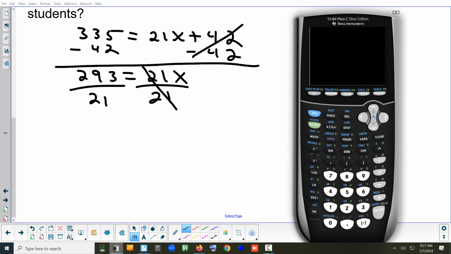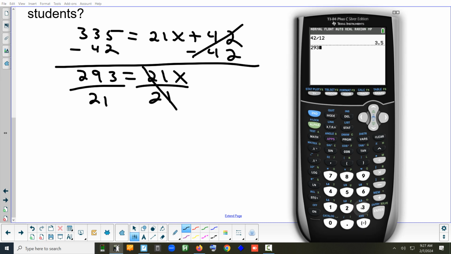And I need a calculator for that. So 293 divided by 21 means there would be about how many teachers at the school? About 14. About 14 teachers.